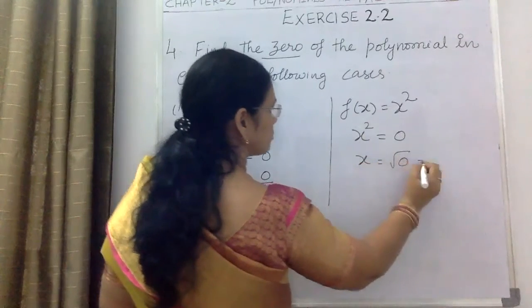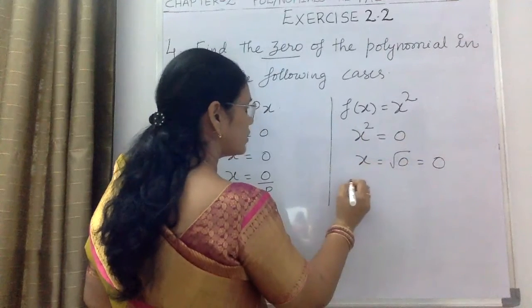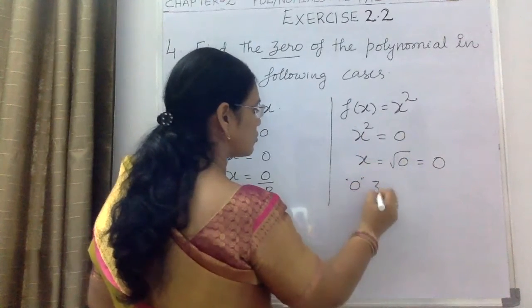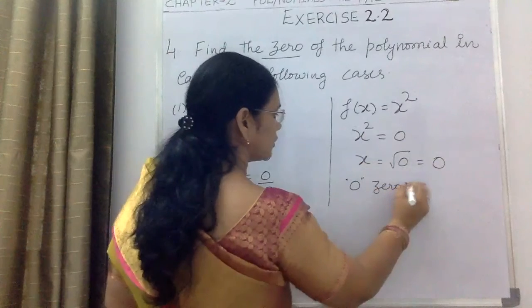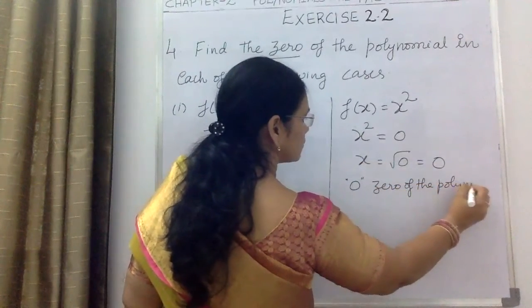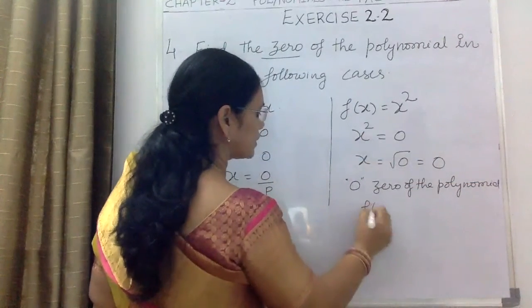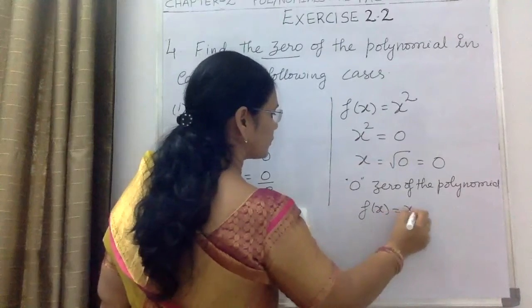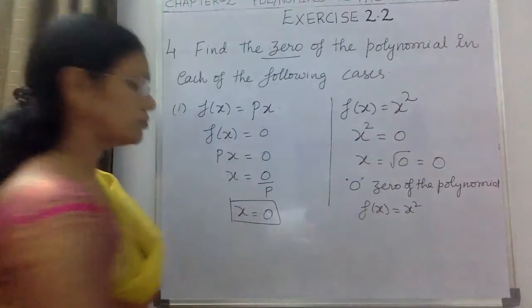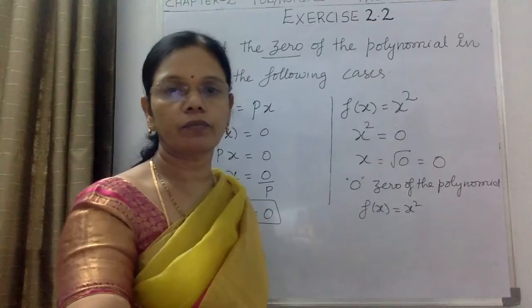Square root of 0, that is 0. So here 0 is the zero of the polynomial f of x is equal to x square. Understand, children? In this way, we should find the zeros of the given polynomials.